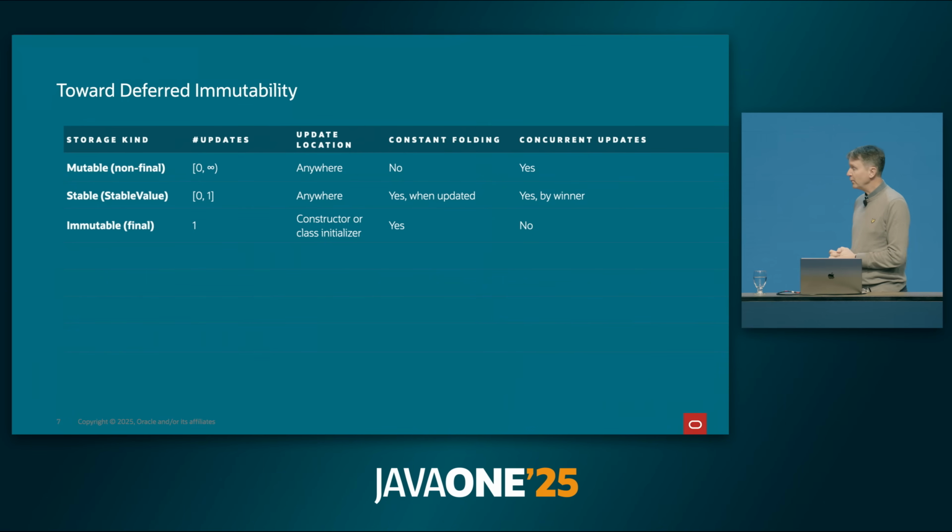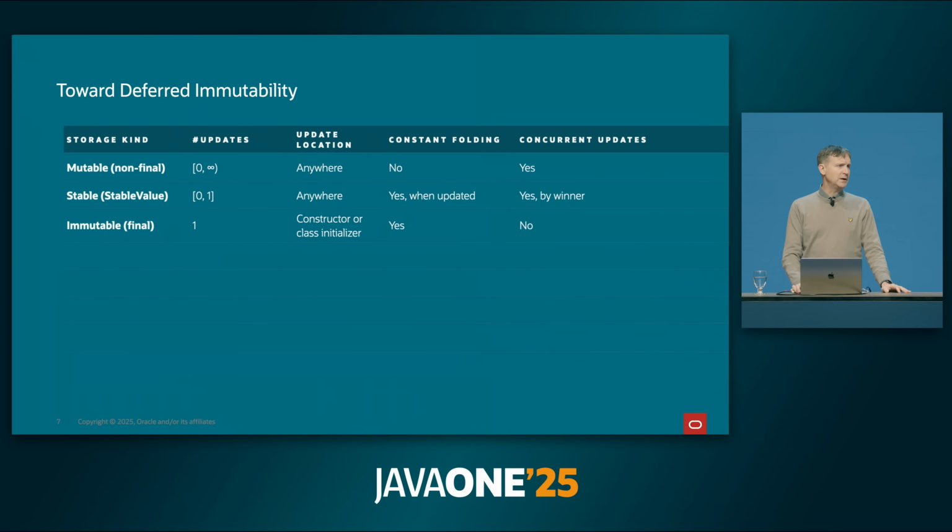And stable value ends up somewhere in between. So a stable value can be updated 0 or 1 times. It can be updated from any location, by any thread. The thread that wins will update it. And it can be constant folded once it's been updated. So if it's not updated, the JIT will defer constant folding, and once it's updated, it will hopefully do constant folding.